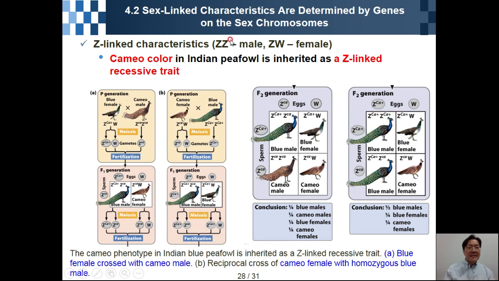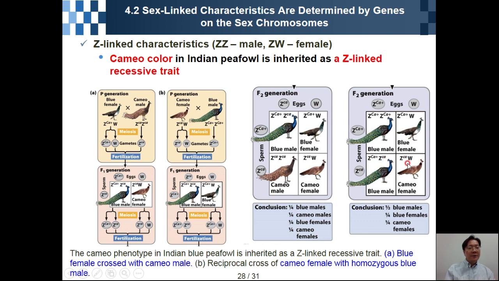So in this case, after fertilization, this one will make ZCA plus and ZCA plus. It means that ZZ is the male and the color is blue. How about this one? This one is ZCA plus and W. ZW is female. The color is blue because they have a CA plus. How about this one? ZCA plus and ZCA, the color is blue and the sex is male.